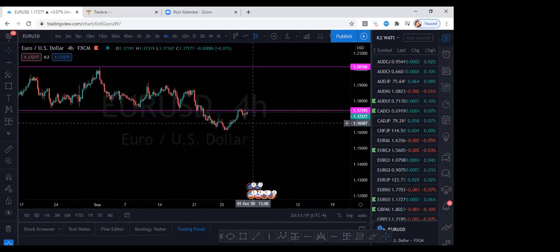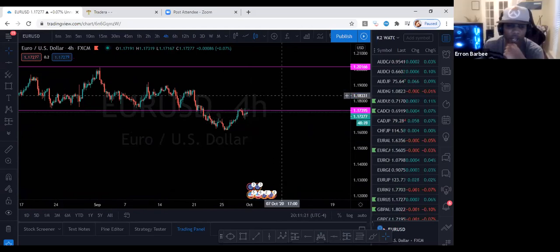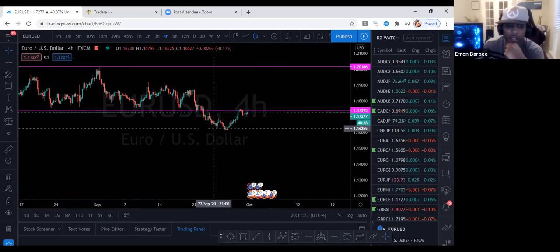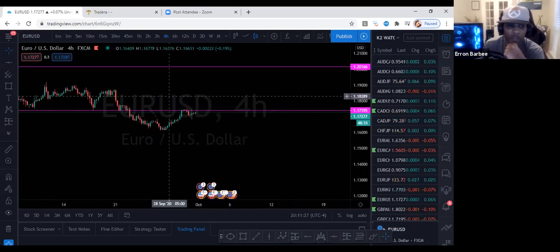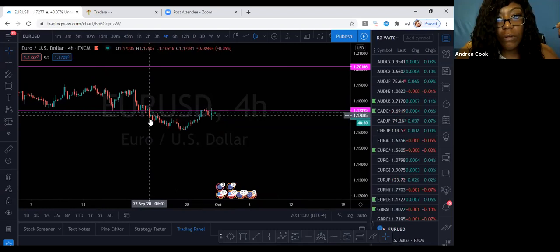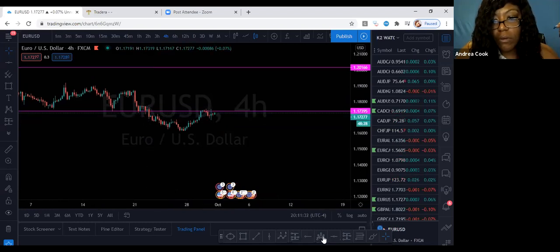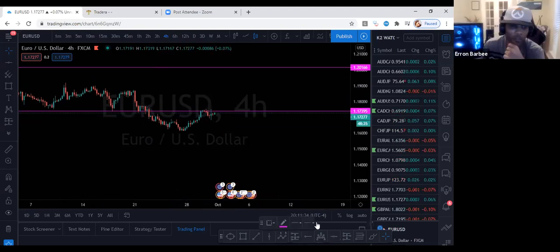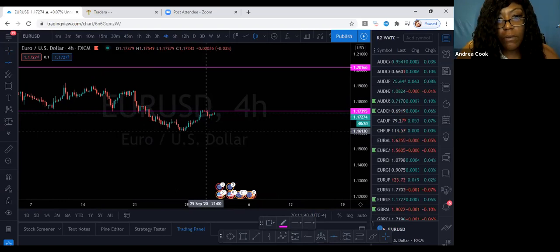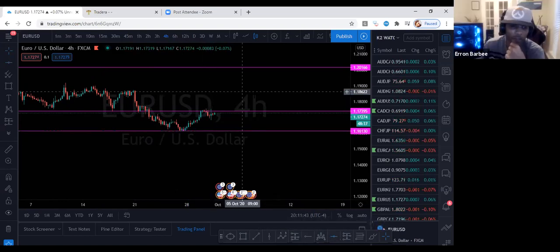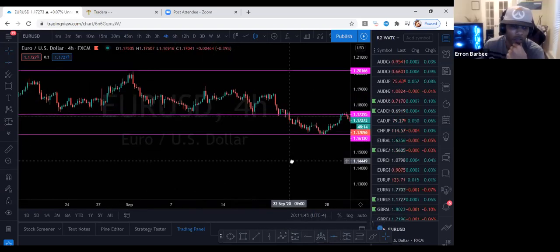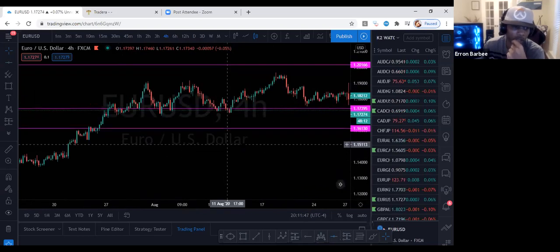Can you put a line through where it dipped down, at the bottom of this move? And now swing to the left before this whole run started, and let's see what that touches over there.